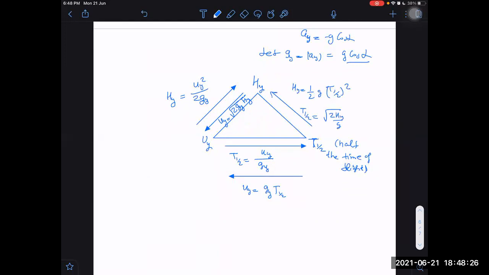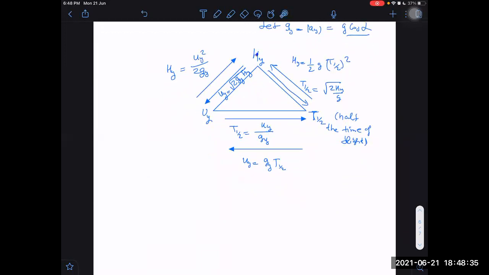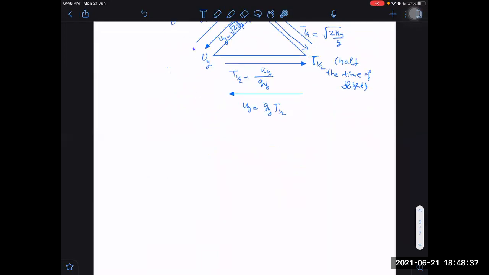Means both these relations I have written in one place only. So if any one thing is known, then the others can be determined.